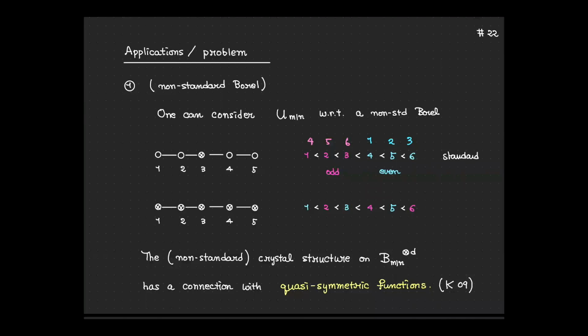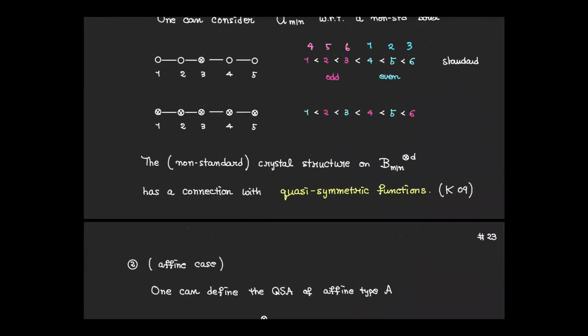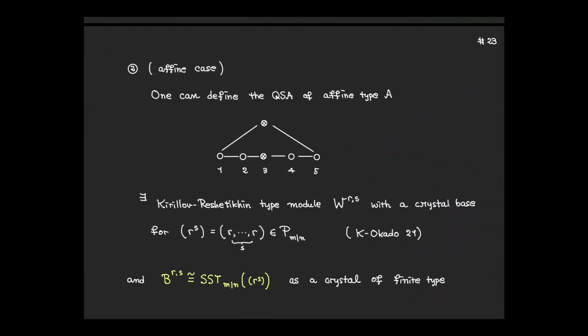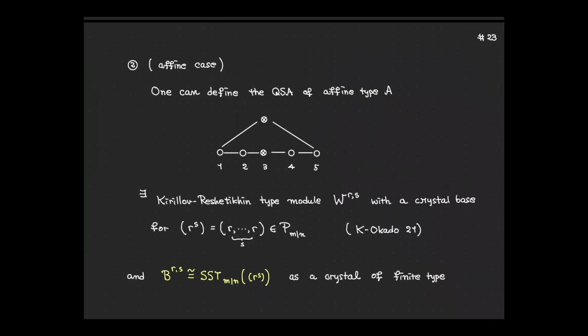I found that it has a connection not with the Hall-Littlewood polynomials, but with the quasi-symmetric functions. So just a short remark. And also we can think of a crystal basis theory for the quantum affine superalgebra.